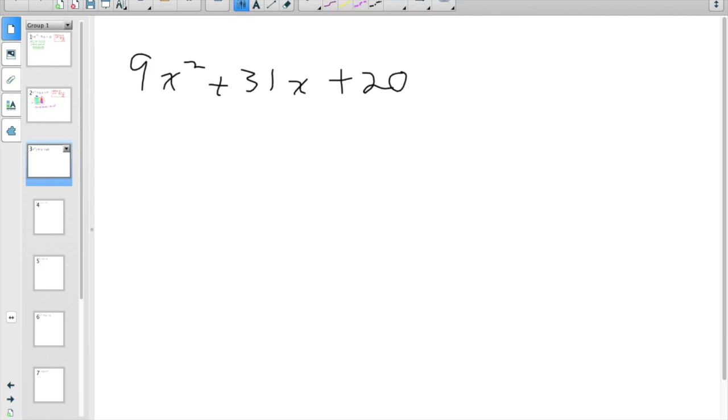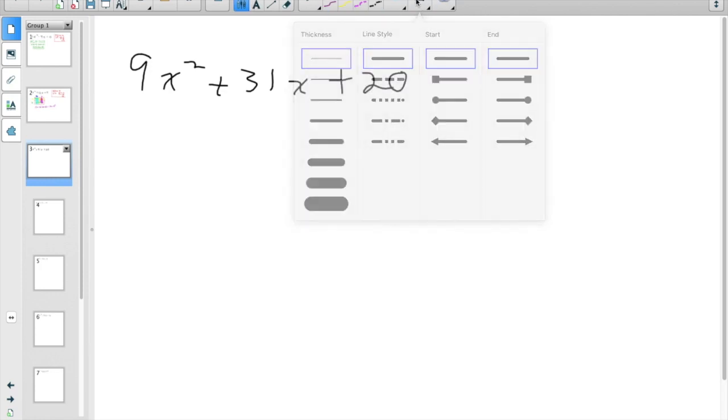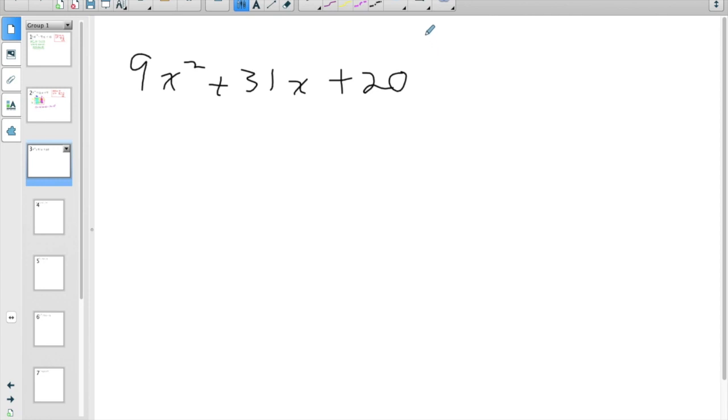Okay, the third method that we're going to discuss, we have discussed in class. And it starts off the exact same way as every other one. We need to know what our A is, in this case it's 9, and what our C is, in this case it's 20. We also need our B, which is 31.